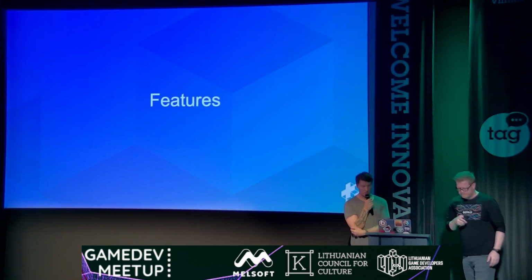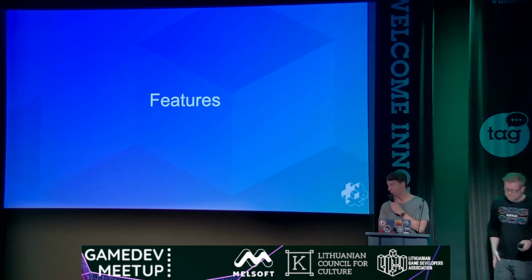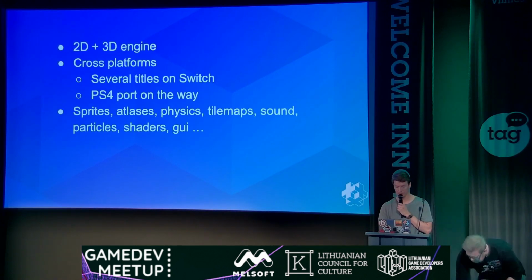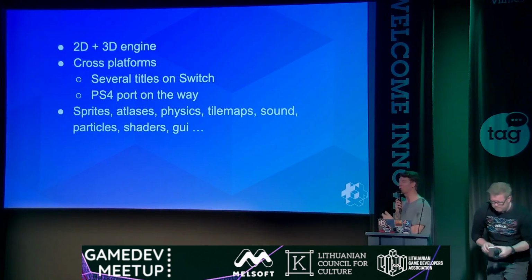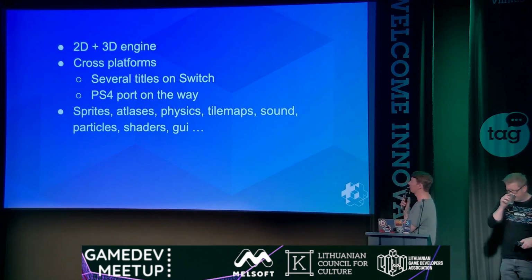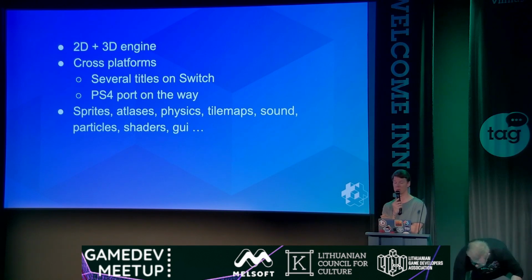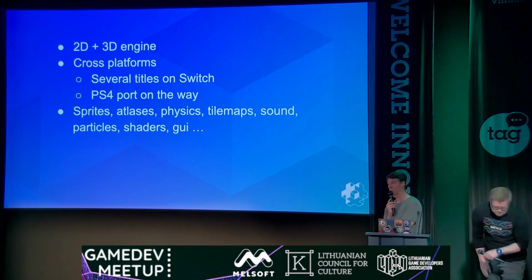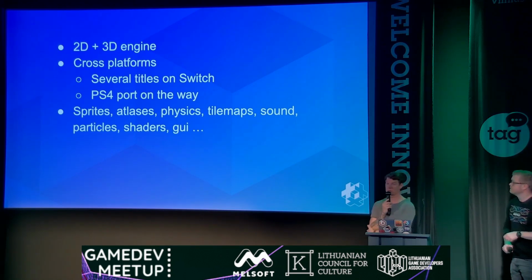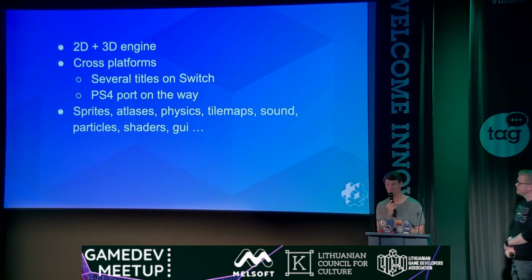Let's show you a little bit of the features that we have. At its core, it's both a mix of 2D and 3D engine. It's basically the same thing, but the tooling is slightly different. For historic reasons, a lot of it has been developed specifically for the King games, which thus far have been mostly 2D centric.